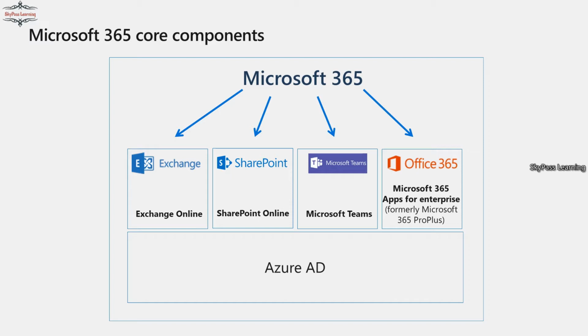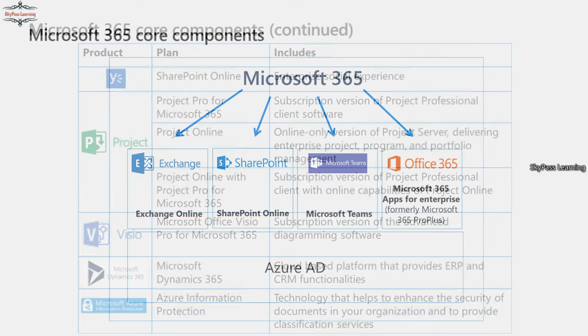Then we have Office 365 Apps for enterprise. You can take it as formerly Microsoft Office or Microsoft 365 Pro Plus, which includes your Word, Excel, PowerPoint, Outlook, and MS Access, the software solutions. And Azure AD: in Azure AD we have the functionality to integrate authentication services and security.